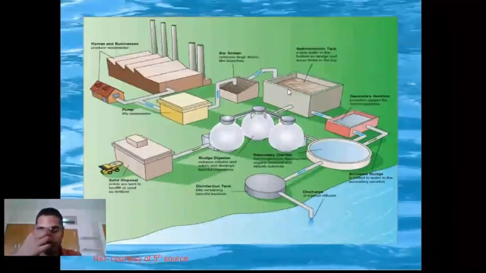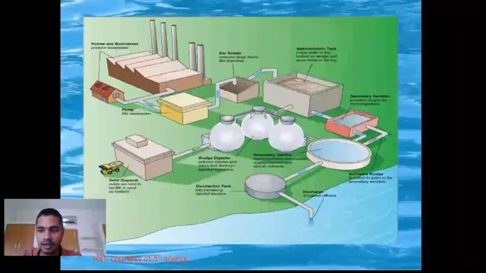Whereas in secondary treatment, we have anaerobic digestion or aerobic digestion tanks. This aerobic digestion simply uses the activated sludge to decrease the BOD. And in tertiary, we have anaerobic digestion and chemical disinfection.